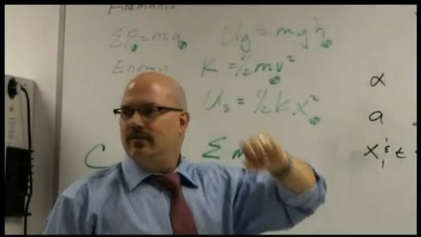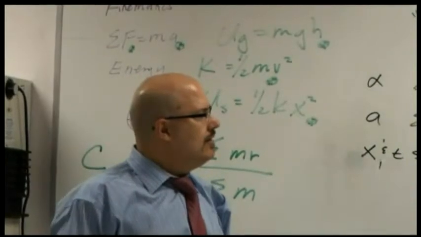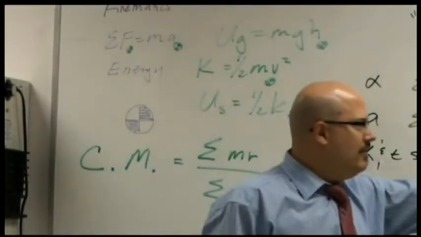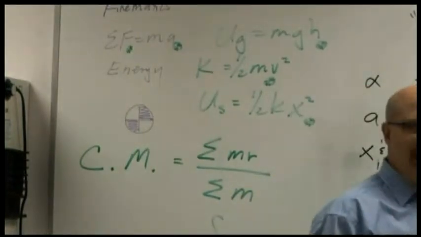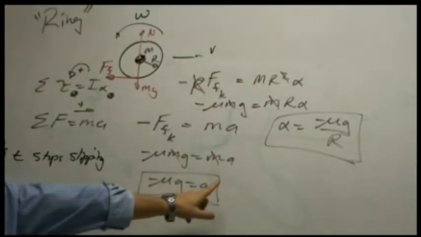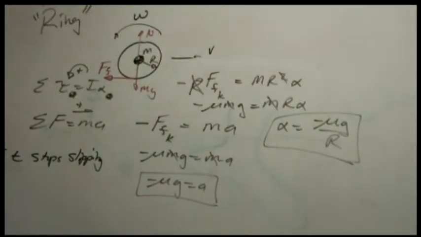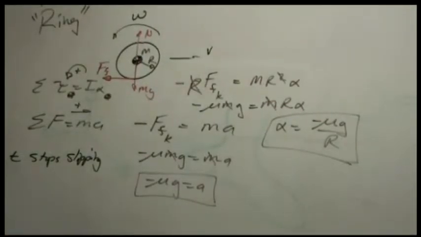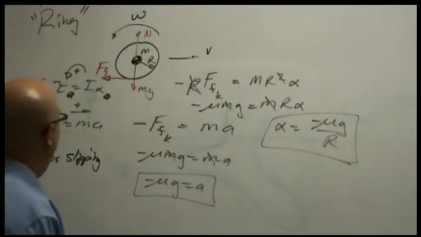So does that mean for rings it'll always be equal? No, they're not equal. Alpha is not a over r, because that's radians per second squared and that's meters per second squared. Different units, so be careful. They look very similar.